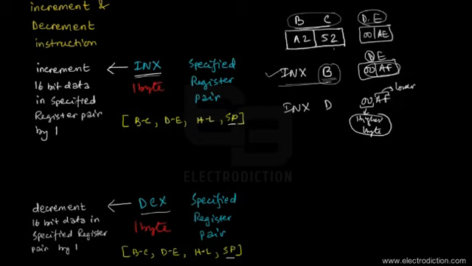For example, if we're talking about the BC register pair, the register B contains the higher byte.